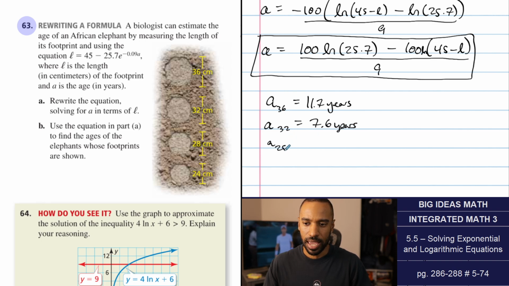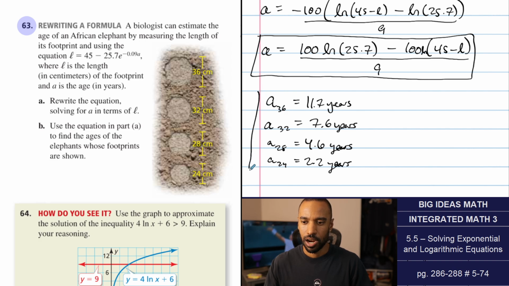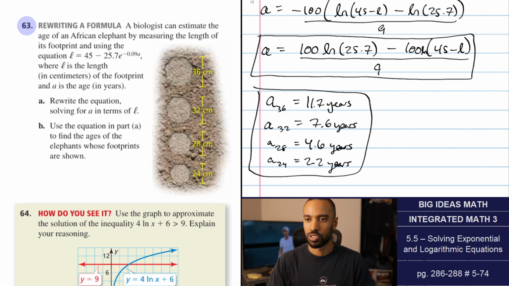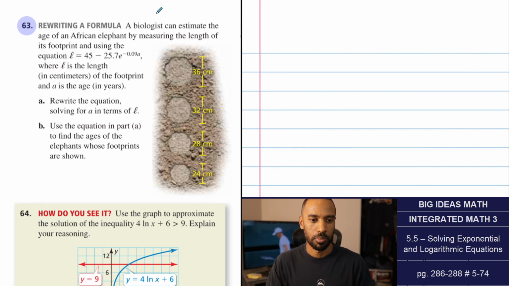A sub 28 equals about 4.6 years of age. And A sub 24 is about 2.2 years. Again, I hope that they are scientifically accurate on that. It's cool information. I won't remember it, but it's cool.